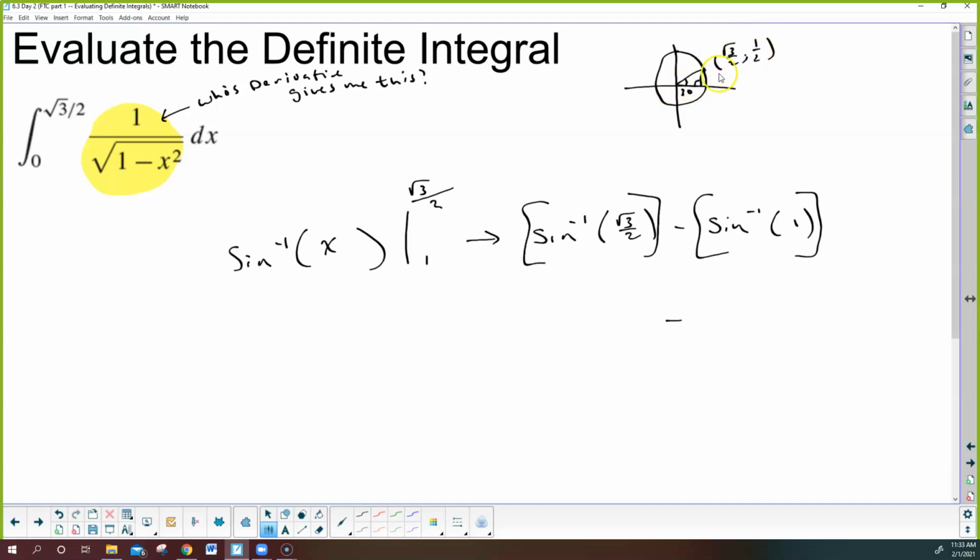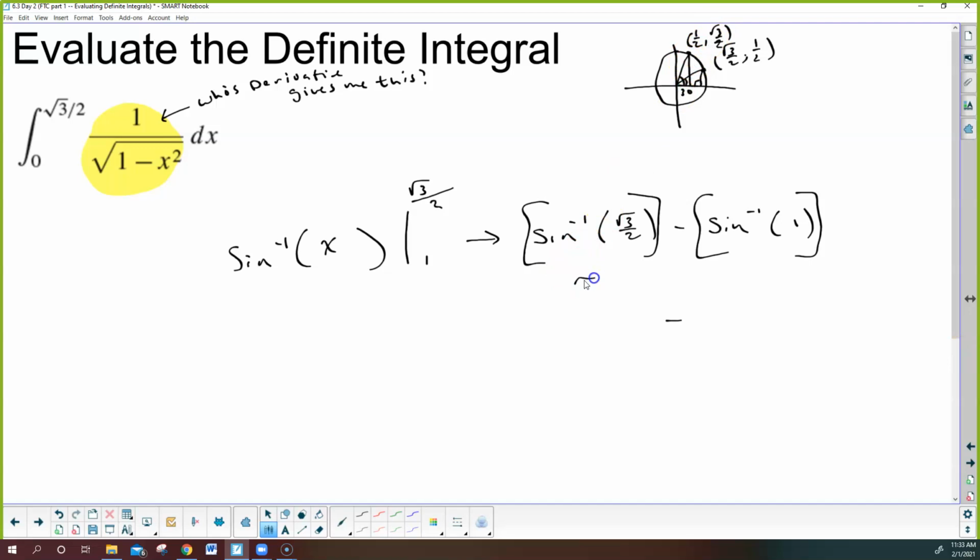So whose value, what gave me the square root 3 over 2 for the y value? Is it the 30-degree angle, or is it the one where I go over 1/2, up square root 3 over 2? And in this case, it's the 60-degree one. It's the taller triangle that has the 60-degree angle.